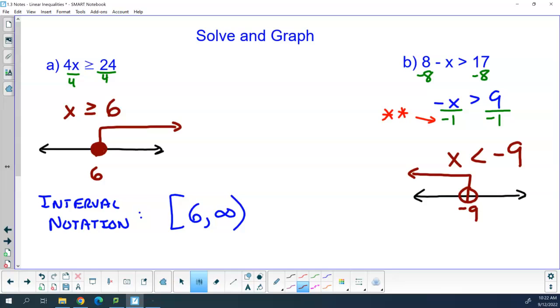Okay. Interval notation on this one, again, is going to come later this week, but it would be negative infinity to negative 9 with parentheses. The infinity in interval notation always gets a parentheses, unless you're Chuck Norris.